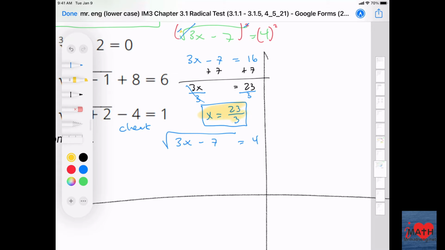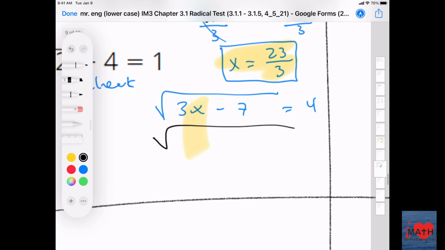We're going to take this value and put it in for x. So now I have the square root of 3 times 23 over 3 minus 7 equals 4.